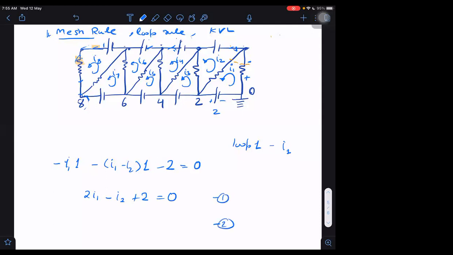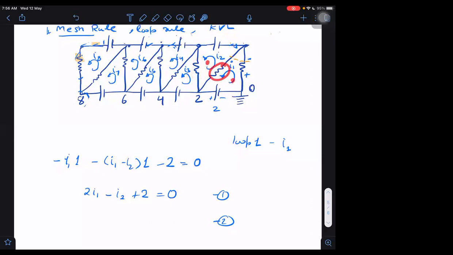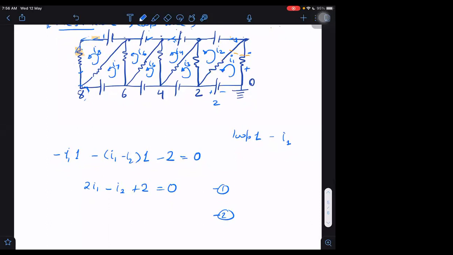What will be our equation number 2 for the second loop, for this loop? This loop passes through 2 branches, and both branches have currents in terms of 2 currents. This branch will have current in terms of I3 and I2, and this branch in terms of I2 and I1. So let us write it down.